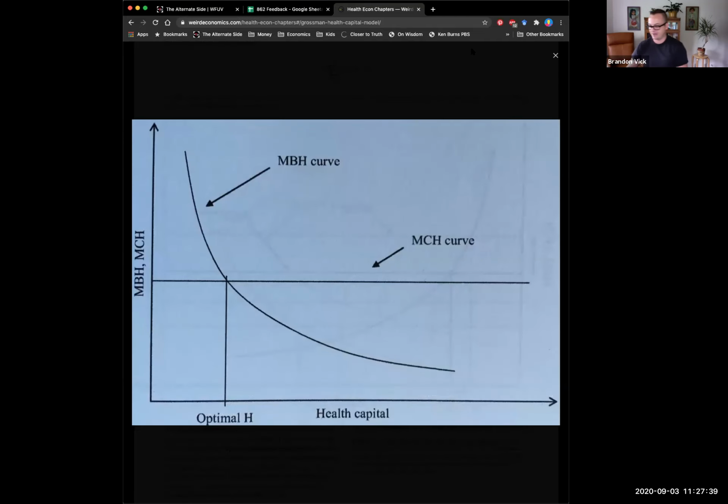So again, going back to the assumption that we're going to spend some of our money on greater health, that generation in income is going to lead to a greater investment in our health capital.